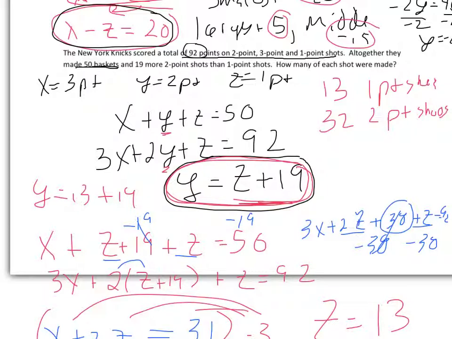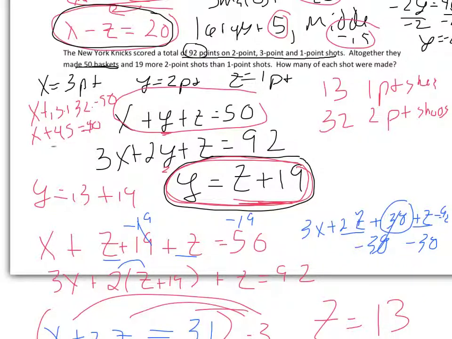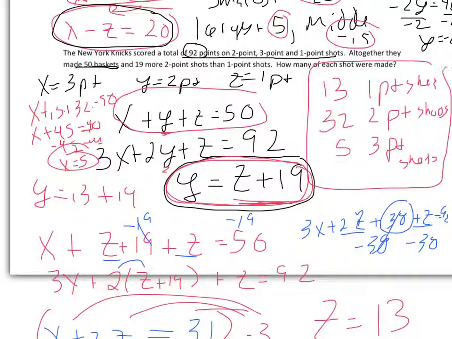Then we can plug those back in to get the number of 3-point shots. So x plus 13 plus 32 equals 50. 13 and 32 is 45, so x plus 45 equals 50. Subtract 45 and we get x equals 5. So there were 5 3-point shots. So 13 1-point shots, 32 2-point shots, and 5 3-point shots.